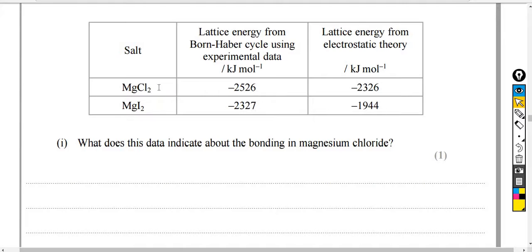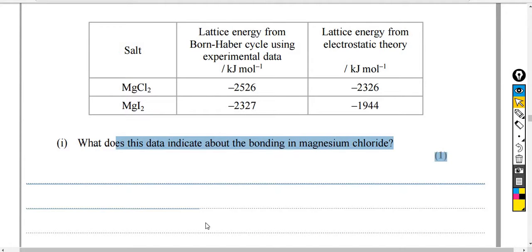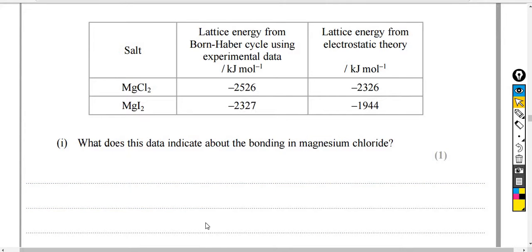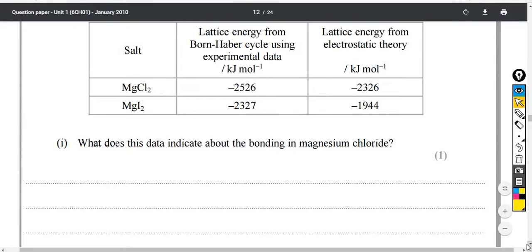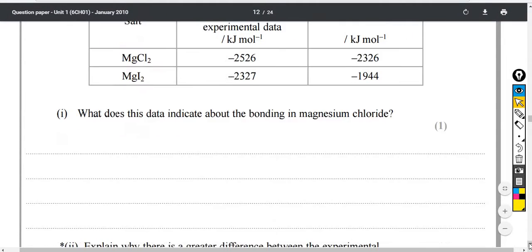It's always less than 100%. So it has a little bit of covalent character in it, and you can write something to give that idea. Here's the answer: not exactly 100% ionic, or it has a little bit of partial covalent character.